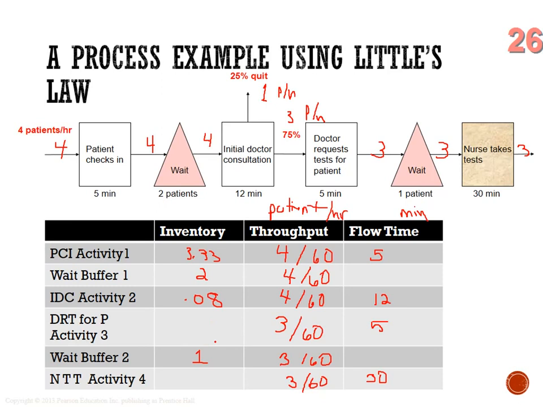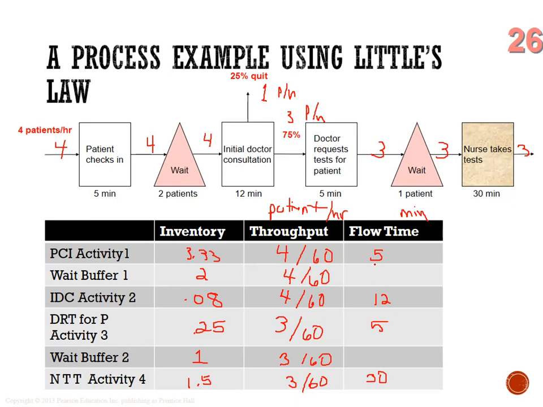Okay. And then 3 divided by 60 times 5. 0.25. And 3 divided by 60 times 30. 1.5. Okay. All right, let's fill in over here.